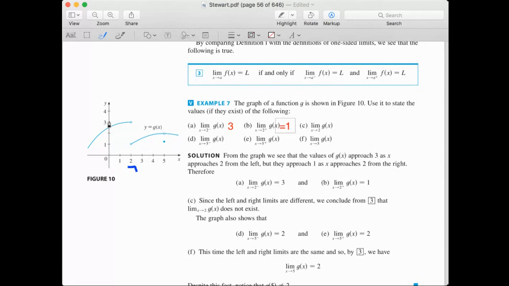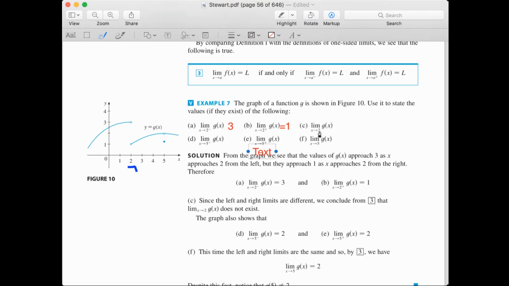But looking at the y value, basically we're looking at the y-axis, right? X equals 2 from the left, we look at this, 3. X equals 2 from the right, we look at this, equals 1. So how do we conclude C? What do we have to say about C?